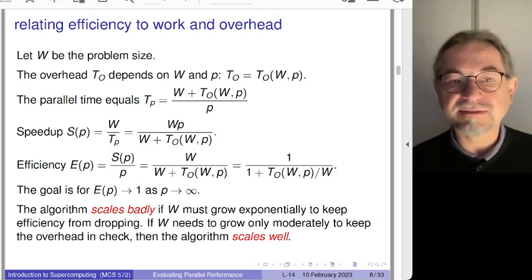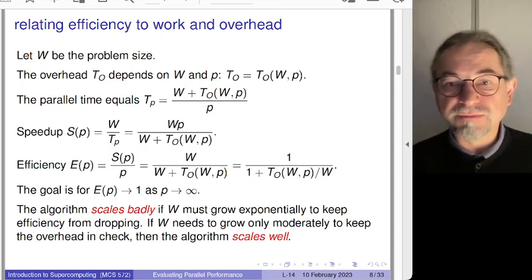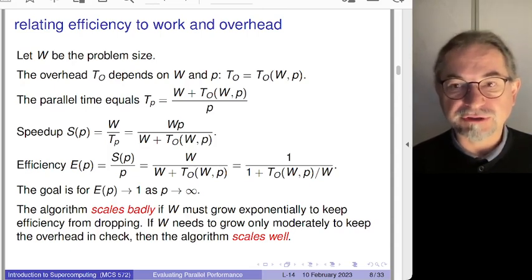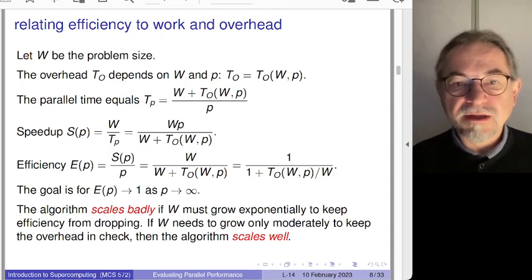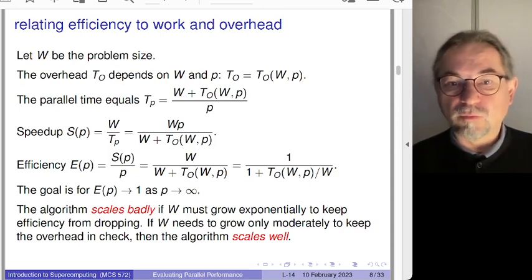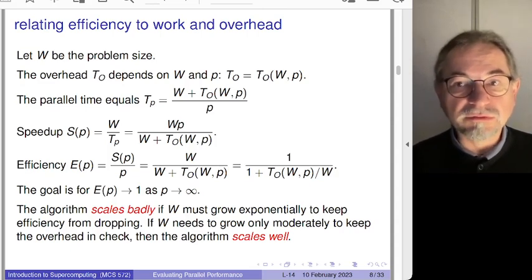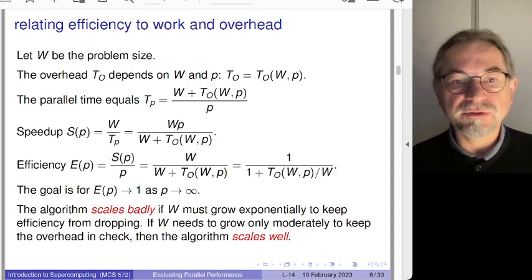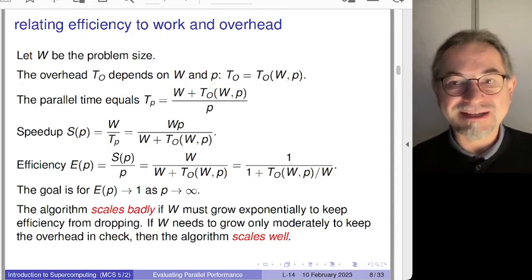So we say that an algorithm does not scale well if the problem size must grow exponentially to keep the same efficiency. The algorithm will scale well if the size of the problem only needs to grow moderately to keep the overhead in check. So these are definitions that hopefully make sense now. It will be illustrated by examples.